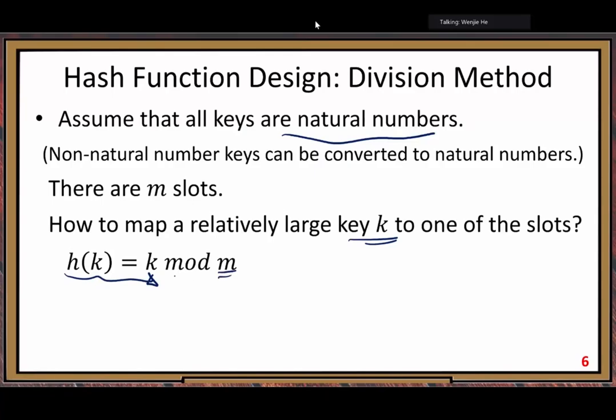We use the remainder as the hash value of this key. Remainder, k mod m. We use the remainder as a much shorter key, the slot number.